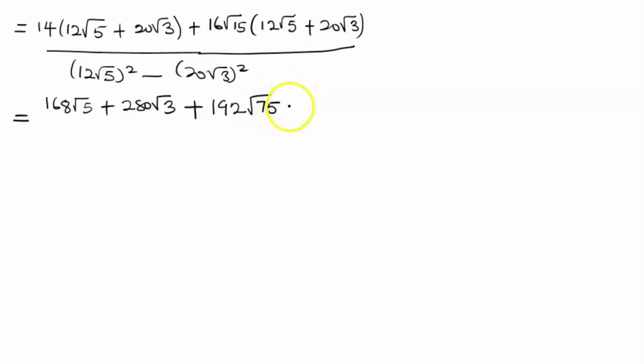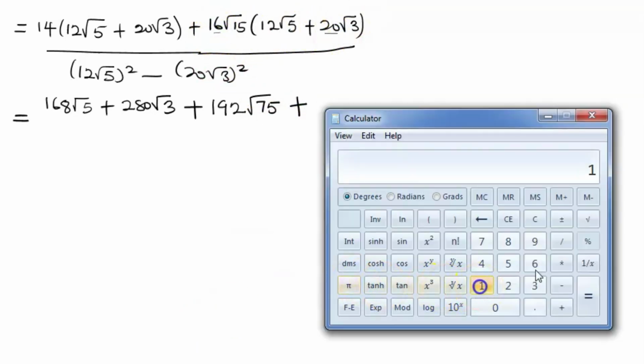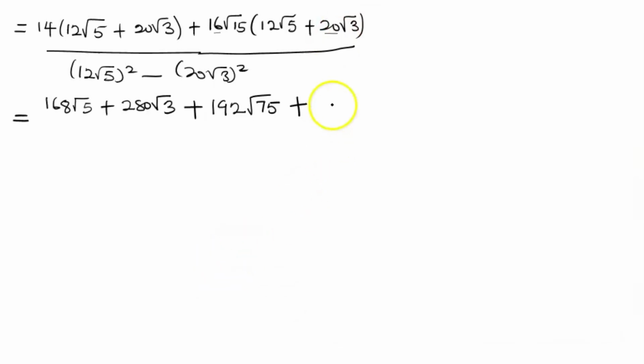Then plus this 16 also is going to multiply this 20, so we have 16 multiplied by 20. That's 320. Then root 15 is also going to multiply root 3. That's root 45.